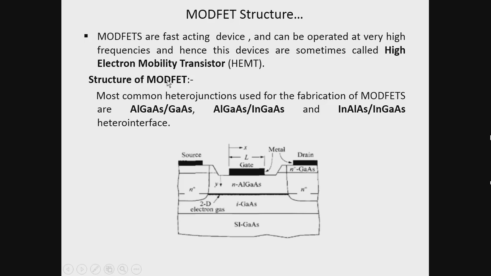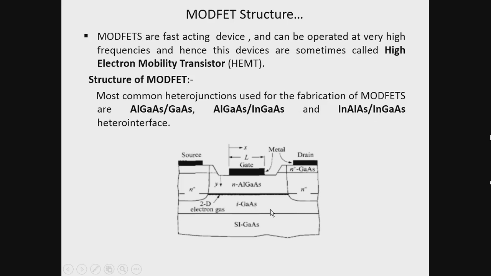Now we will see the structure of a Modfet. The most common heterojunctions used for the fabrication of Modfets are aluminium gallium arsenide, gallium arsenide, or indium aluminium arsenide, indium gallium arsenide heterointerface.